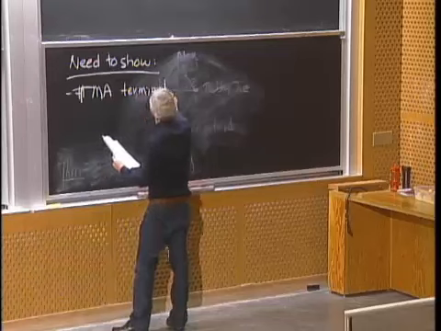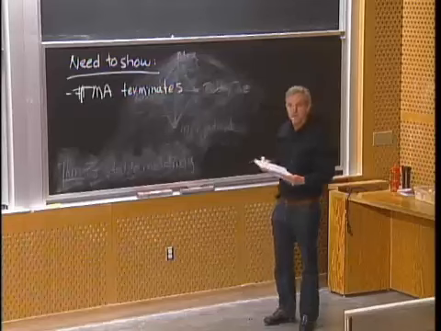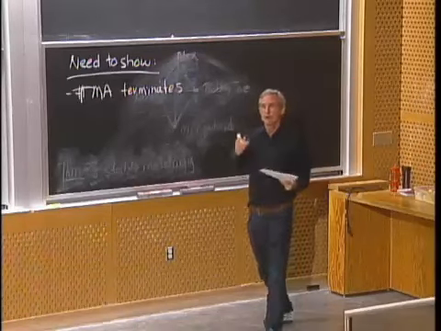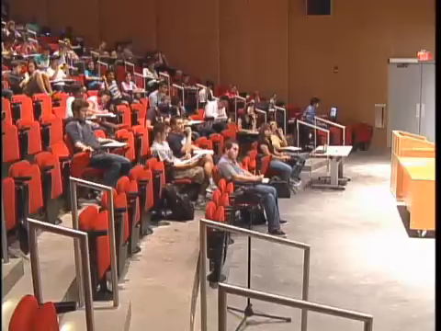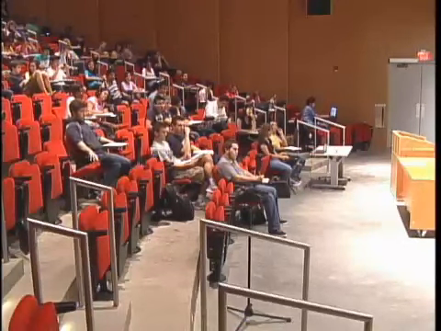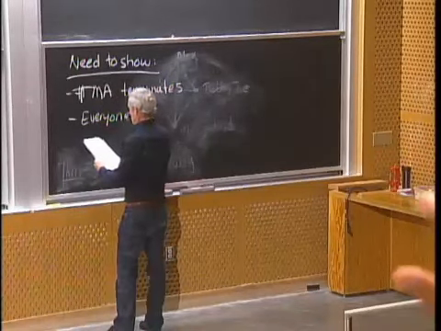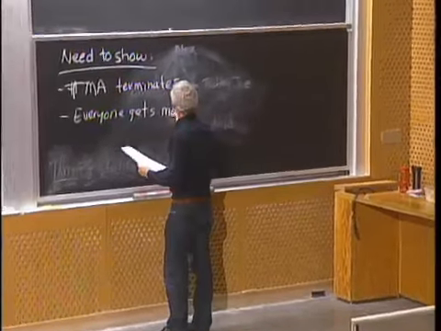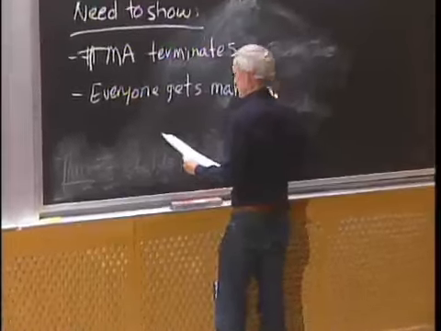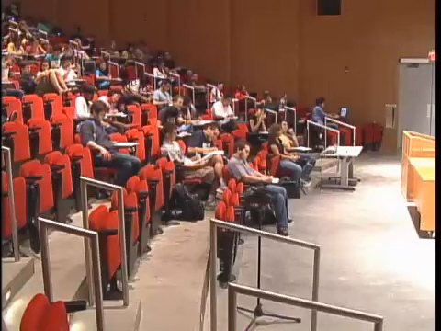Otherwise the boys are serenading forever, and that's not too good. All right, what else do we want to show? Yeah? If it does terminate, then no one is left empty. Everyone gets someone. Everyone gets married. Yeah. Stability is easy if nobody gets married. All right. What else do we want to show here? Yeah. There are no rogue couples. No rogue couples.